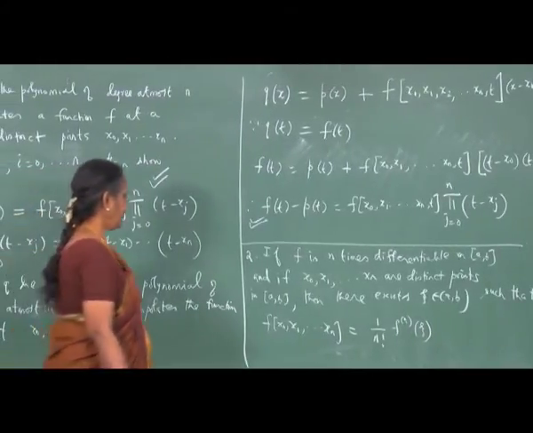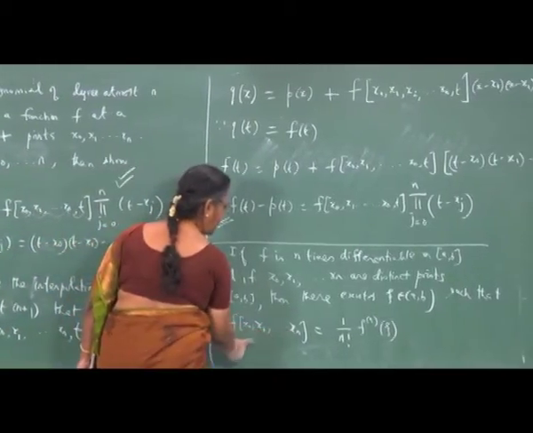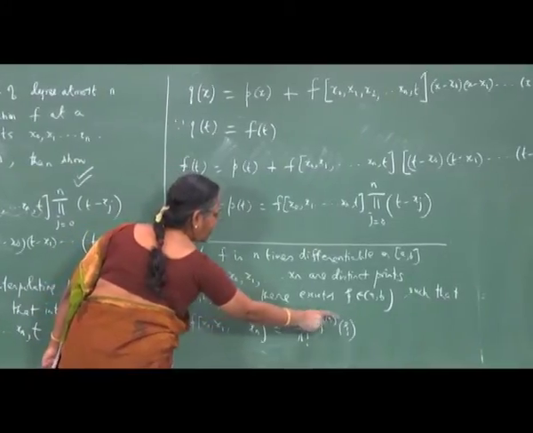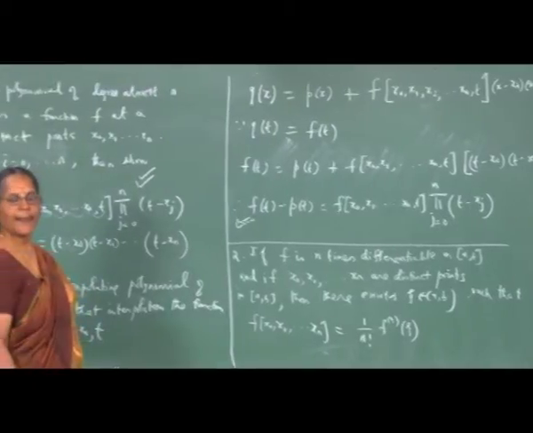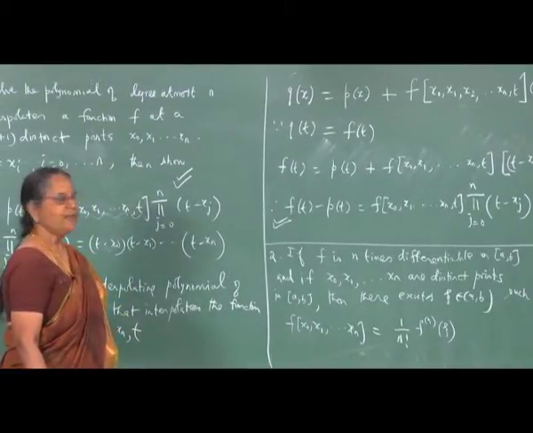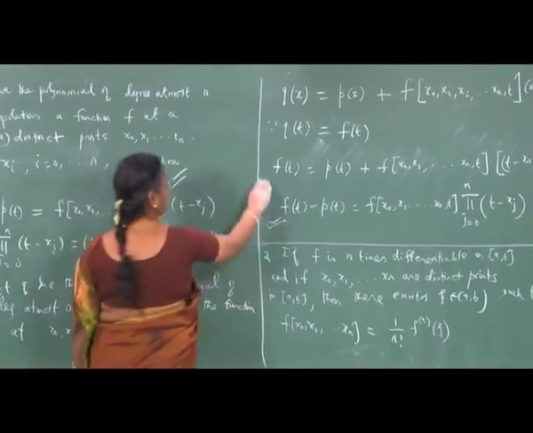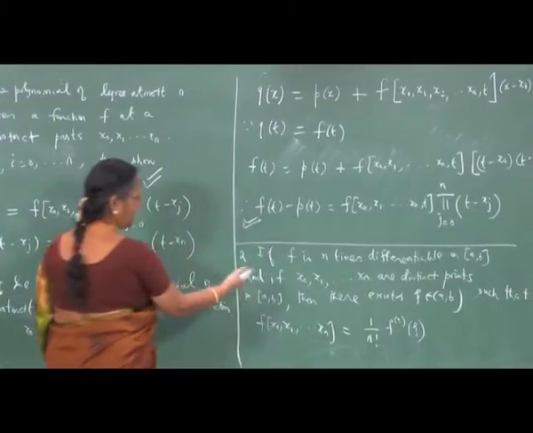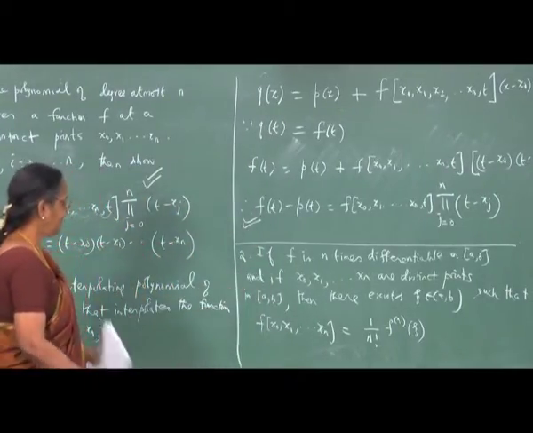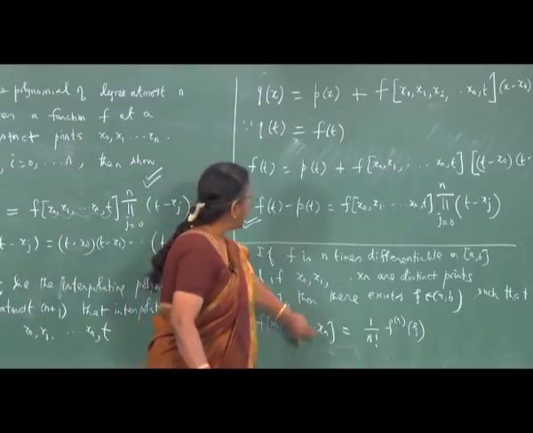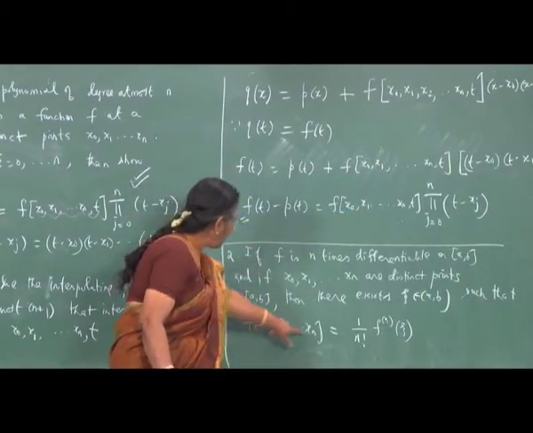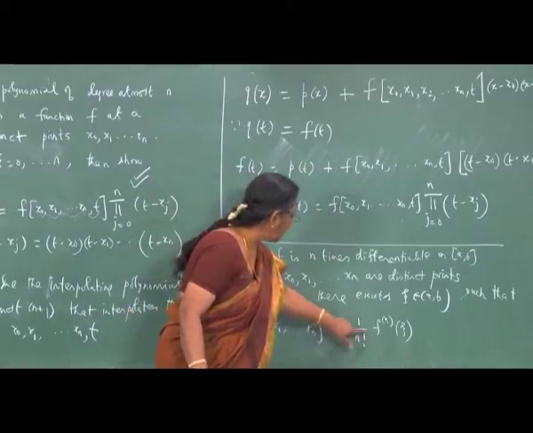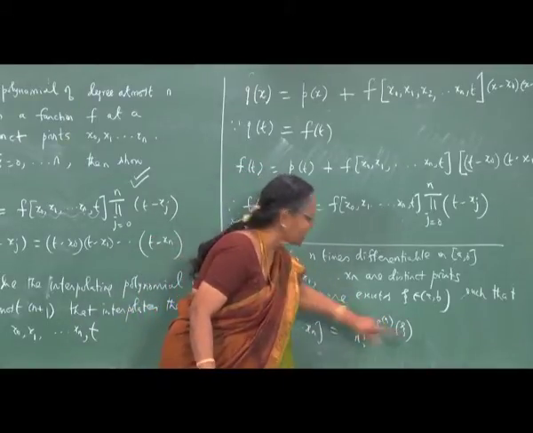The nth order divided difference is the nth derivative at psi by n factorial. And you now look at the previous problem and this problem. If you use this information in this result, the nth order divided difference is 1 by n factorial into nth derivative at psi.